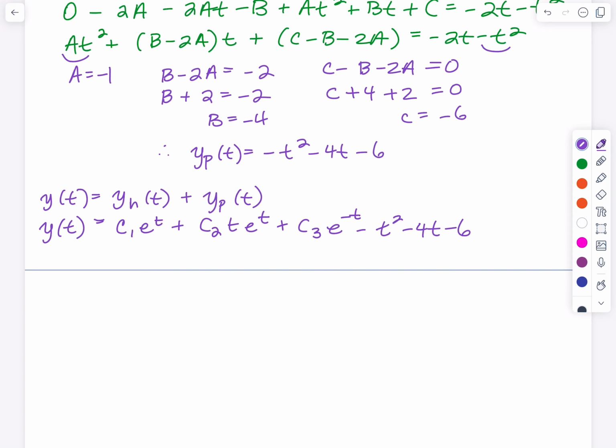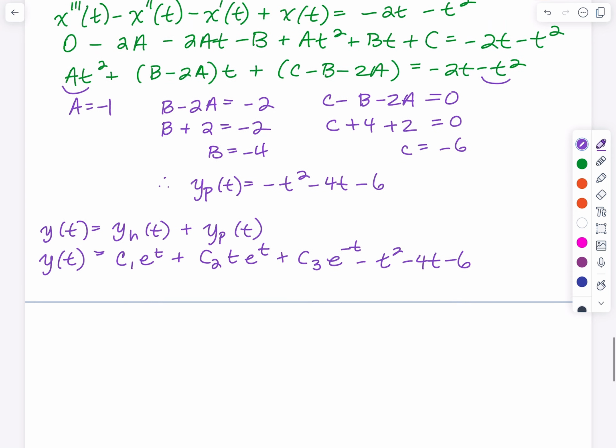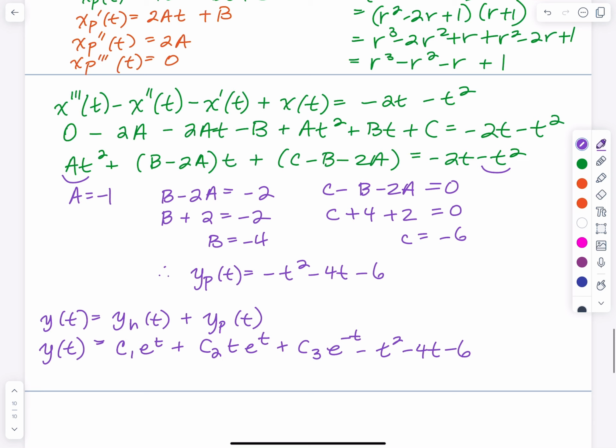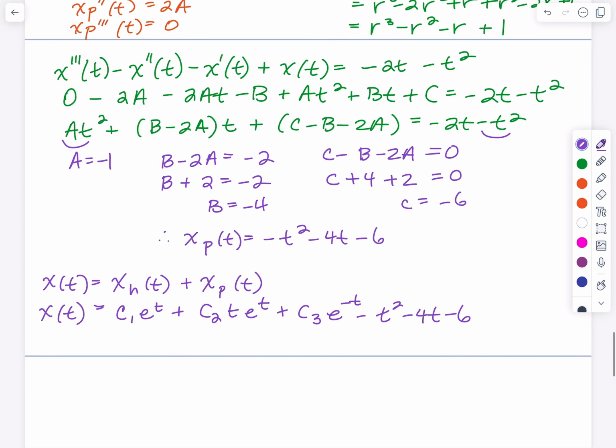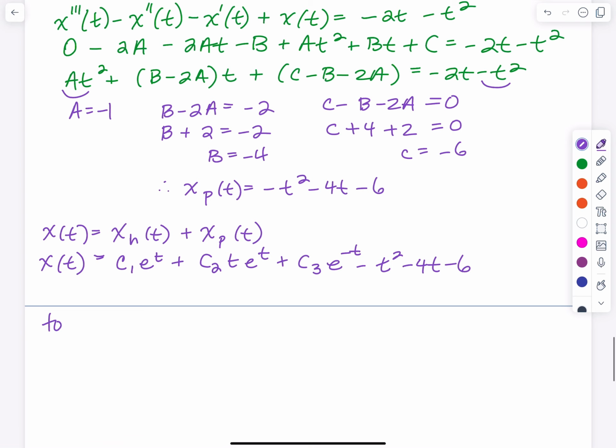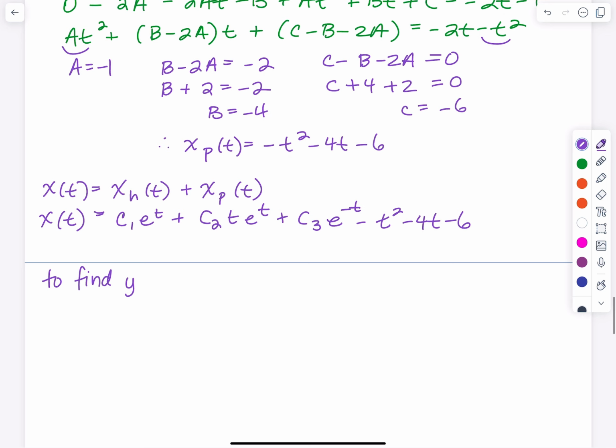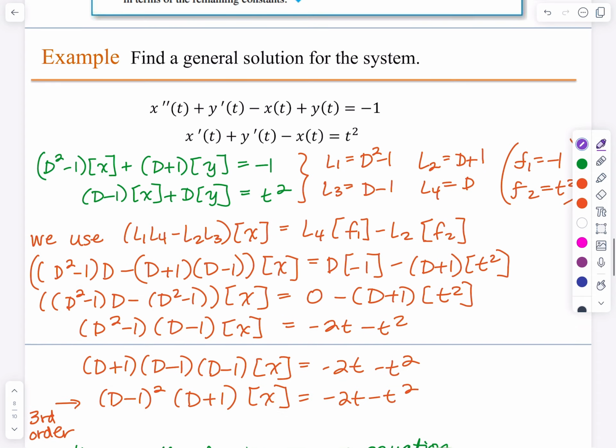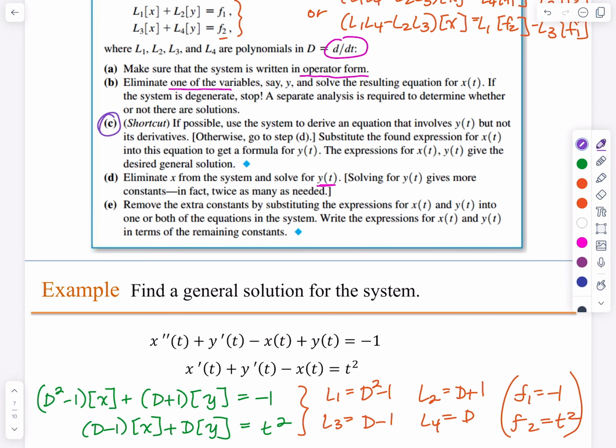Now, we do have to look for, and oops, this was xp of t, and so now we need to go find yp of t, and how we are going to find y of t, we are going to take this shortcut right here, okay?